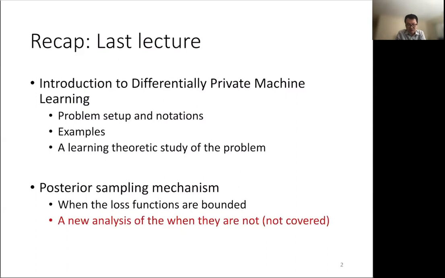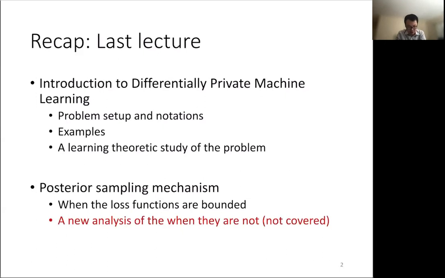For the case of the finite hypothesis class, we characterized its sample complexity of learning in both the non-private setting and when we require the data to be protected under differential privacy.